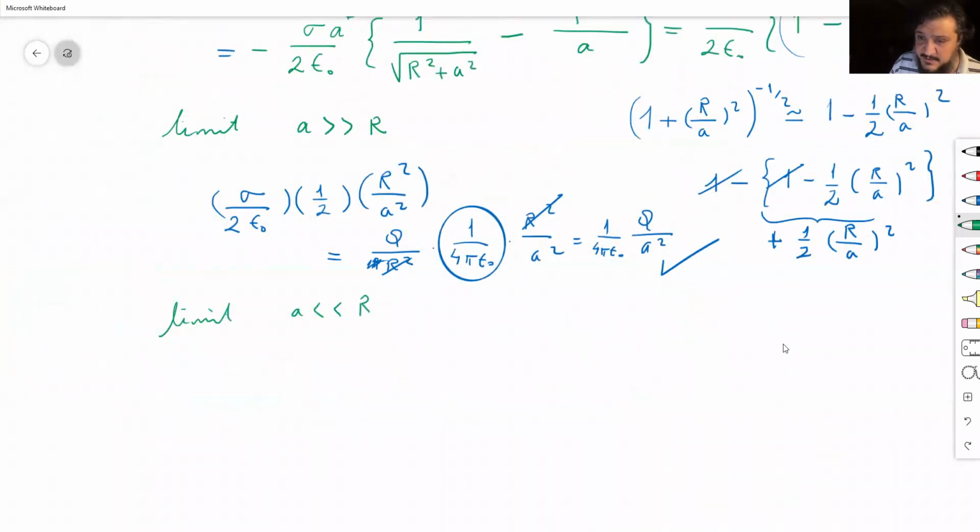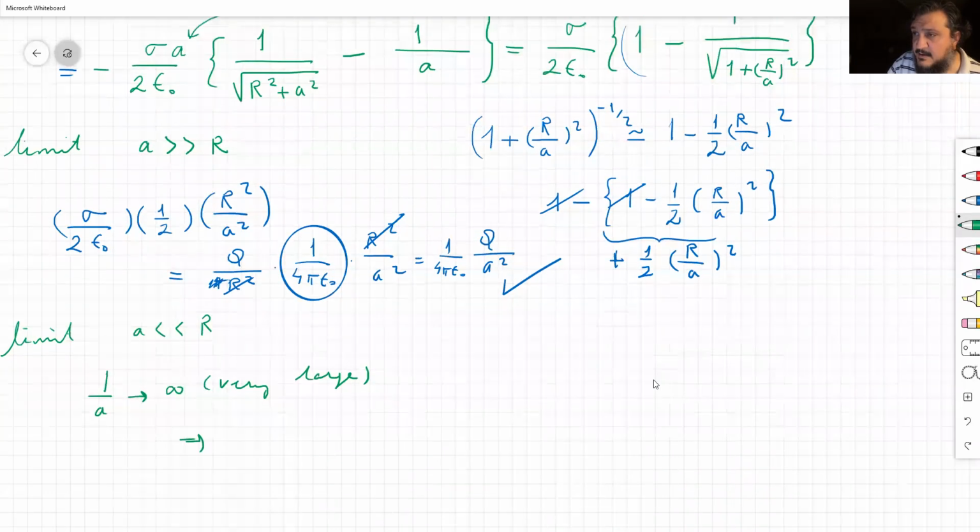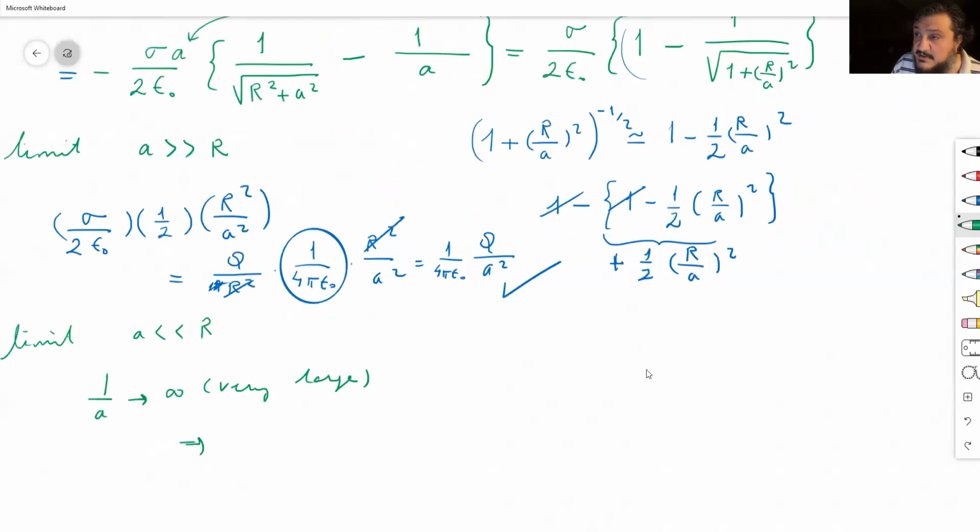In this limit, 1 over A goes to infinity, or very large. Therefore, that factor, what is it? 1 over square root of 1 plus R over A squared goes to 0, okay?